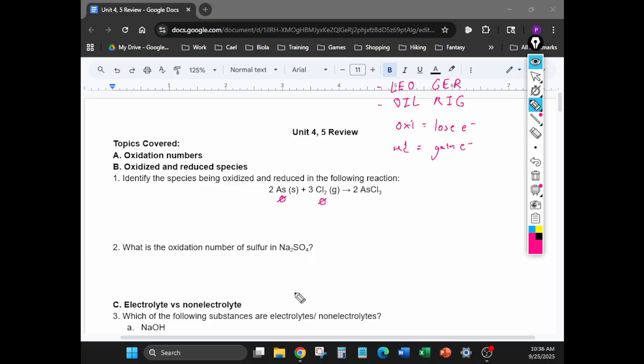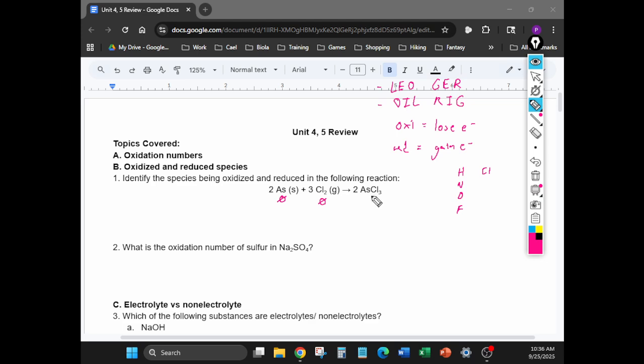Diatomic gases are the elemental form for things like hydrogen, nitrogen, oxygen, fluorine, chlorine. Basically, a lot of the nonmetals have a diatomic gas as their elemental form.